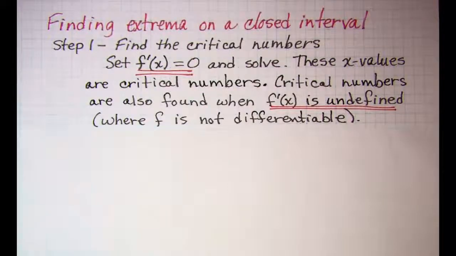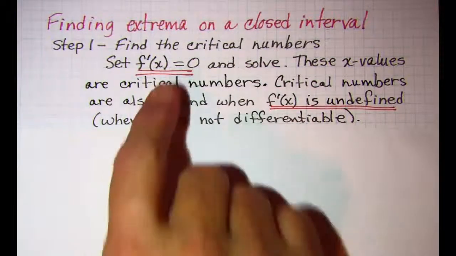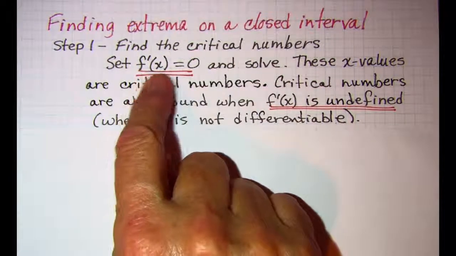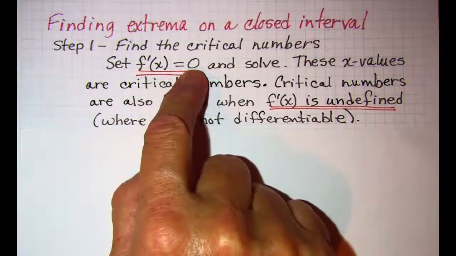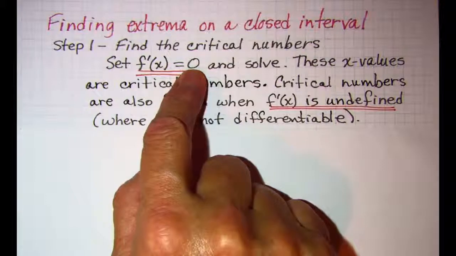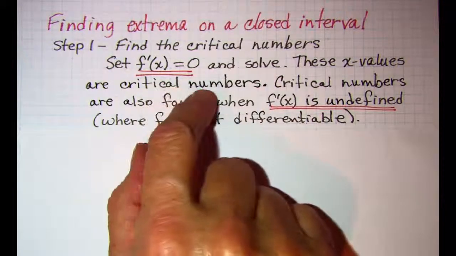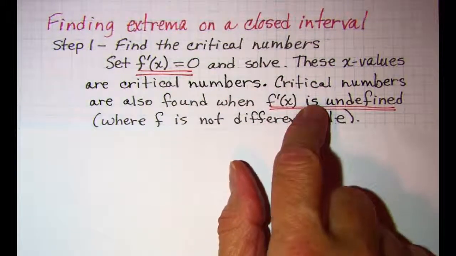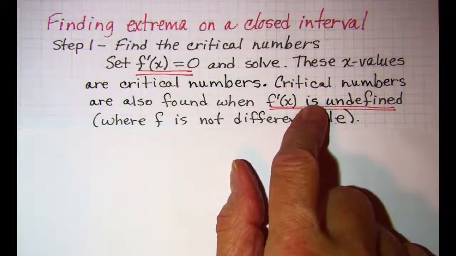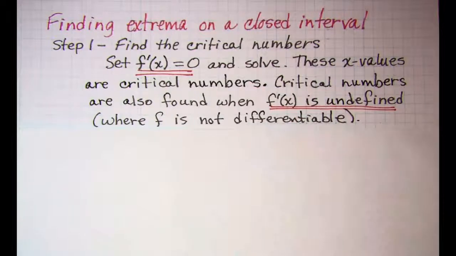In this video, we'll be finding the extrema of a function on a closed interval. Our first step will be to find the derivative of the function and then set it equal to 0. When we solve, those x values will be the critical numbers of the function. We can also get critical numbers if the derivative is undefined.